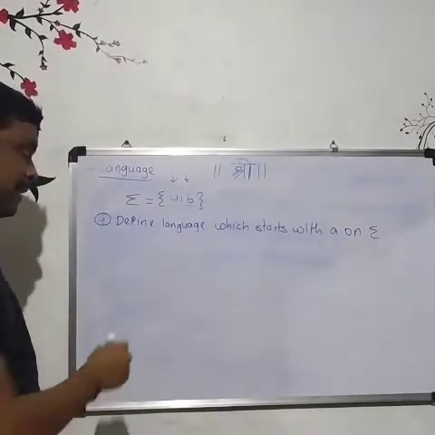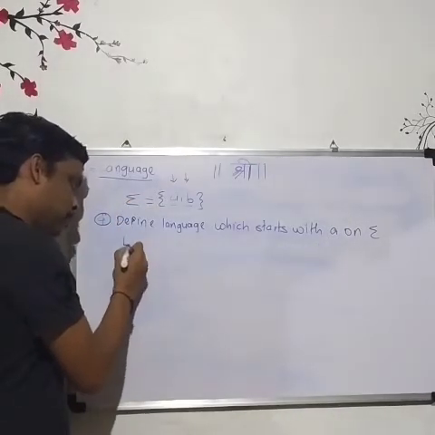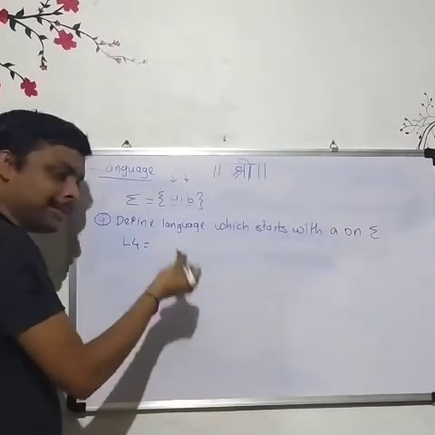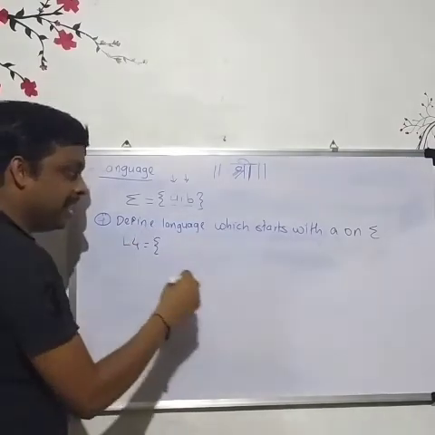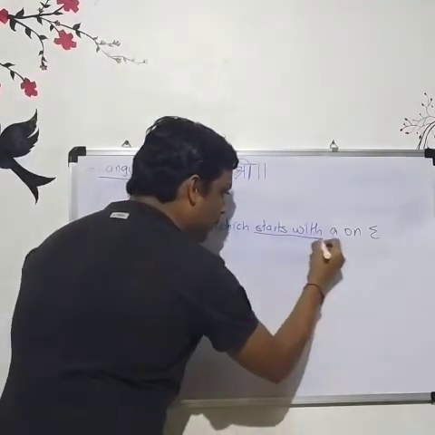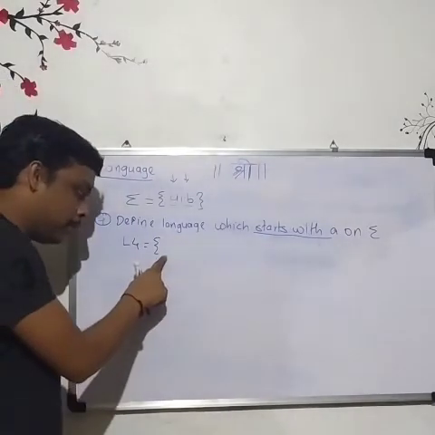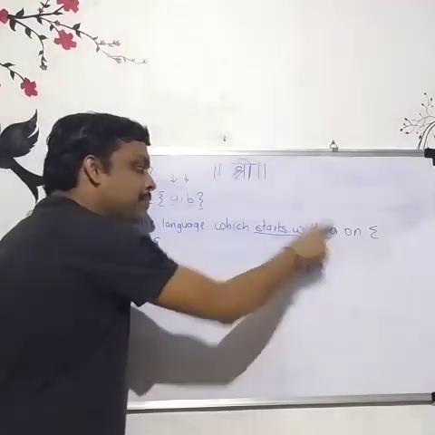Starts with A, language means, now it is very clear. In language, suppose L4. Language means, as I said earlier, it is a set. Now that set must contain elements which will satisfy this condition. So in this particular set we have to write such elements which start with what?